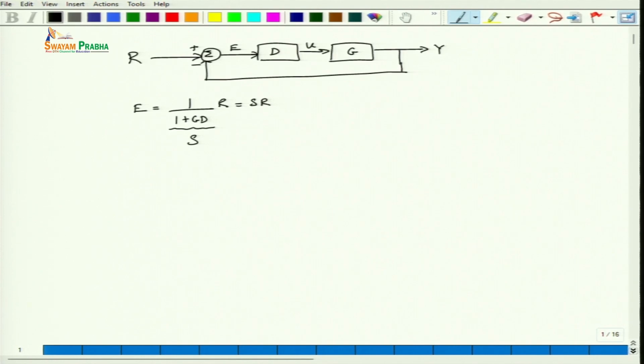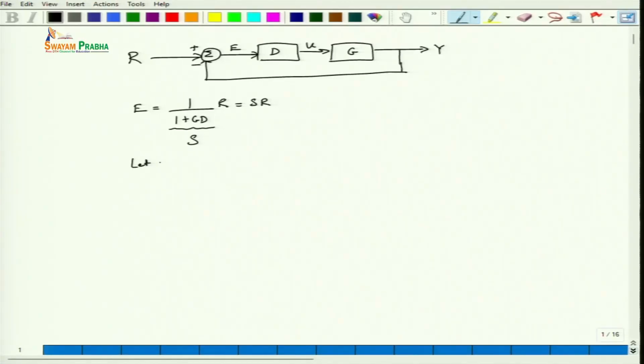Now the most common type of R you will find, at least in time domain, is in the polynomial form. So let us take R of t to be t to the power k divided by k factorial, into 1 of t.